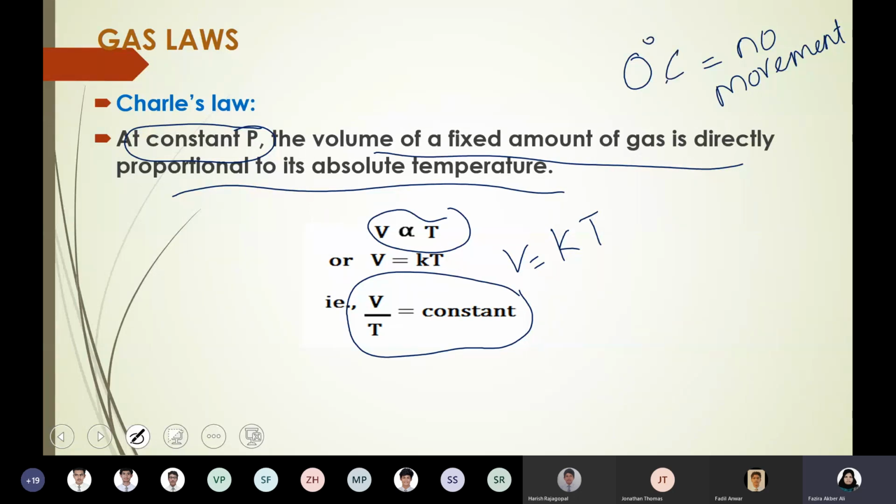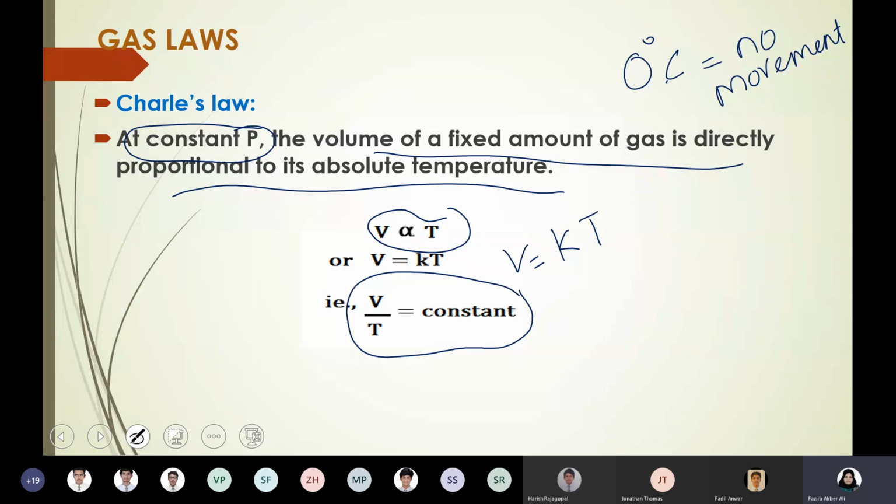But in reality, we know at 0 degrees, for H2O for example, ice is a solid state, but the particles can still vibrate. The vibrational motion is there. So it's not a complete arrest of movement.